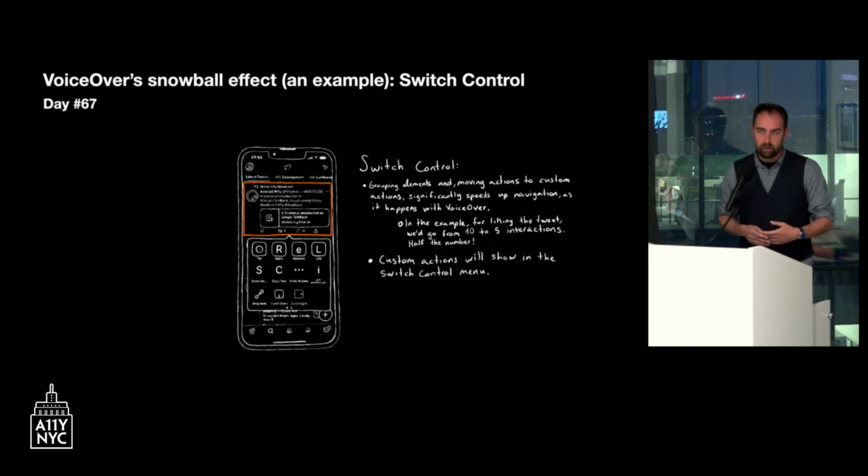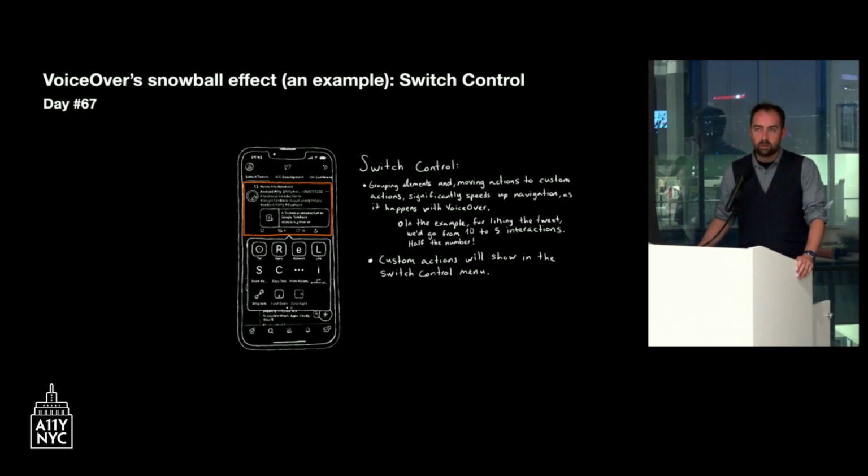And switch control, for those of you that may not know, is a way to use your phone with switches or as little as a single button, for example. So some users may have a cursor that's moving around the screen, and then you can press that button to stop in a position, and then press again to show a menu, and then press again to interact with that element.